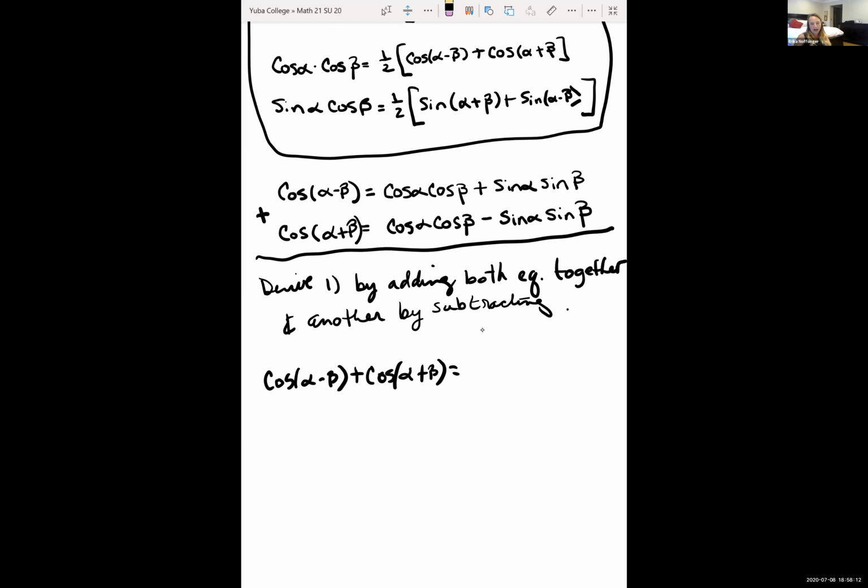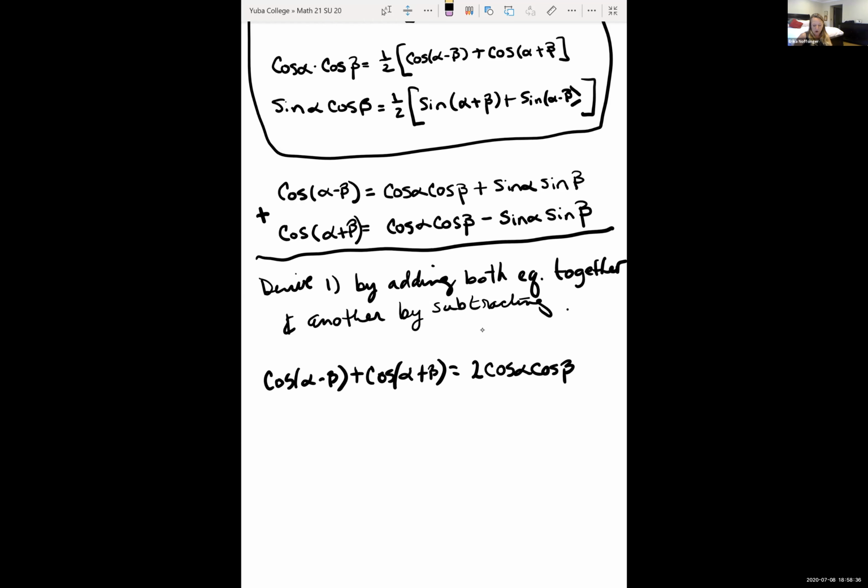Cosine alpha cosine beta plus cosine alpha cosine beta, those are identical, they're like terms. So this is going to give us 2 cosine alpha cosine beta. And then sine alpha sine beta minus sine alpha sine beta, well, those cancel each other out, and so we don't have anything.